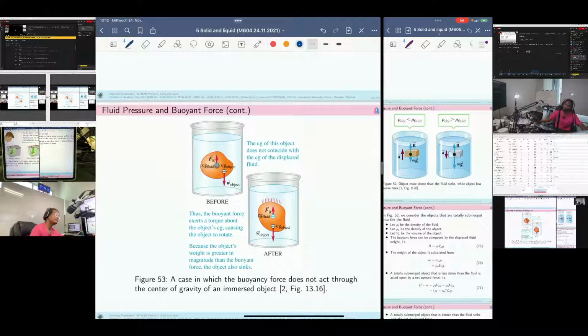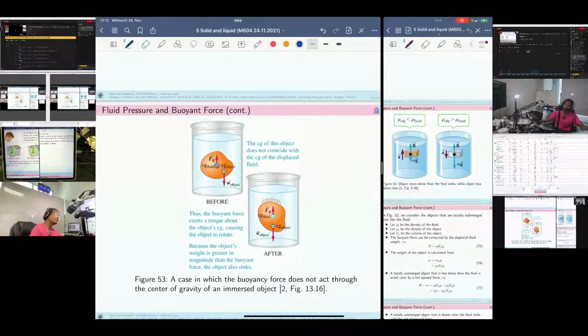Okay, it doesn't know this object has non-uniform material inside. So at the starting condition right here, this object has the force pointing up in this way, and this object has the downward force right here. And of course, both points are not in the same location.